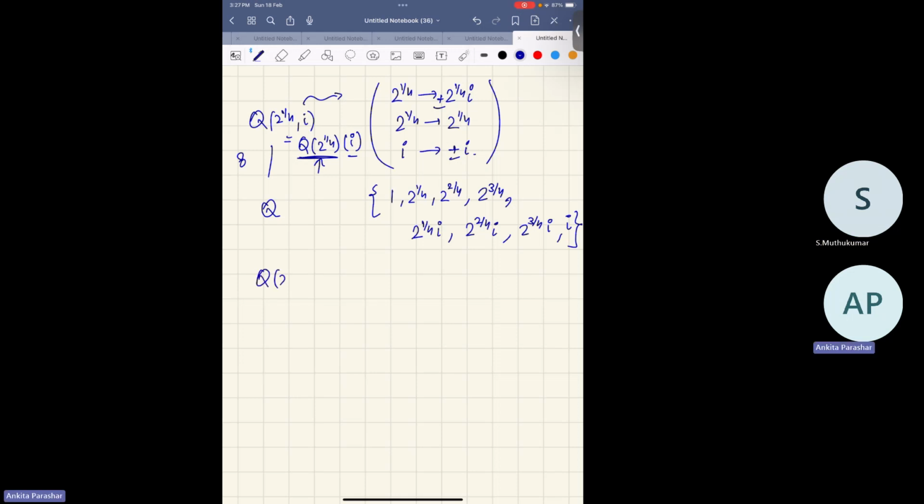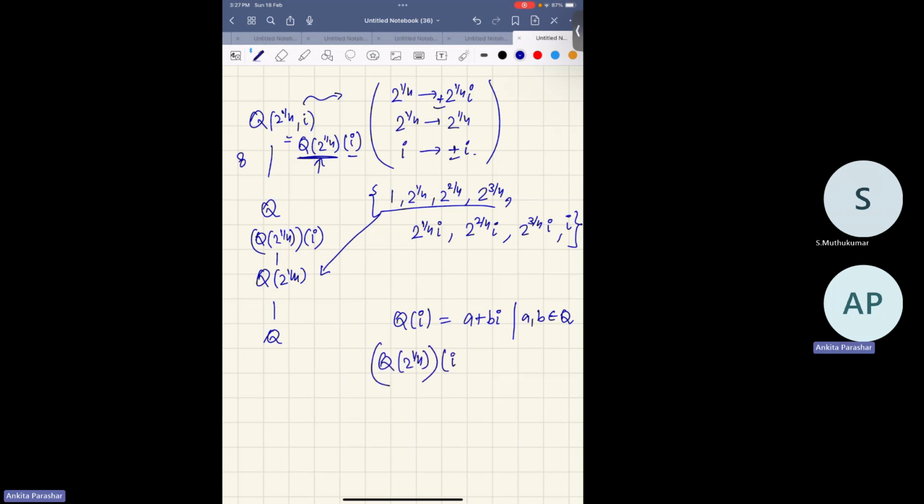Just like adjoining, this to this will give a basis from this. And then you are adjoining this, that will give you this. Because you see Q(i) is nothing but a plus bi, where a and b are from Q. But if I write Q(2 power 1 by 4)(i), then it will also mean that it is a plus bi, such that a and b are from Q(2 power 1 by 4) now.